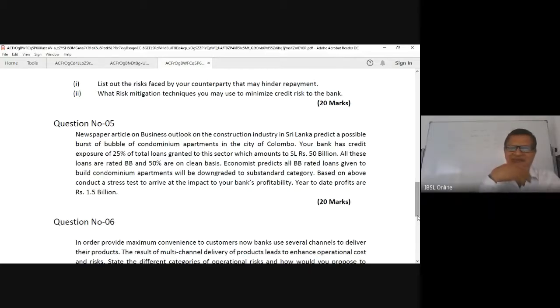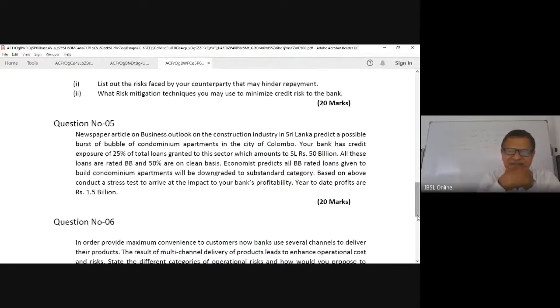You have a loan portfolio of 200. That I calculated based on this: they say you have a 25% loan granted to the sector amounting to 50 billion. That means 50 billion, if you expand it to 100%, will be 200. 25%, four times, will make 100, because we said exposure to this sector is 25%.